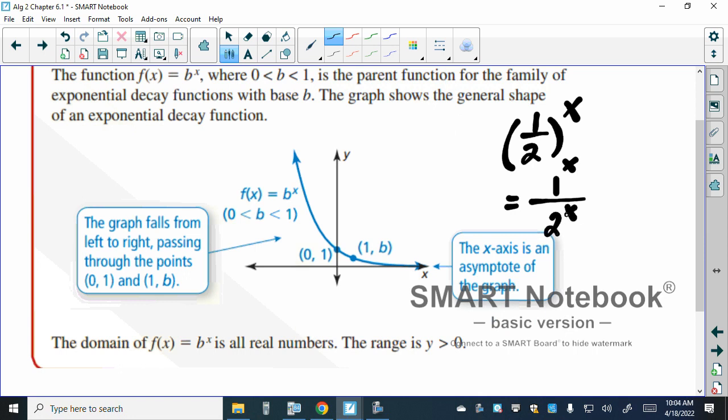Well, 1 to the x, no matter how many times I multiply 1 by itself, it's still going to be 1. So really what we're looking at here is 1 over 2 to the x, yes? On the previous one, we saw 2 to the x is going to get exponentially big. It's going to keep getting bigger and bigger, yes? So the denominator, the bottom of this fraction, is going to get exponentially large. What's the only way we can make a fraction be 0?